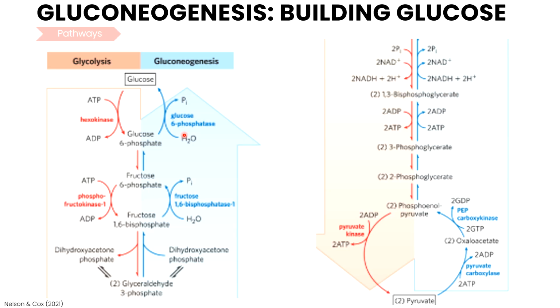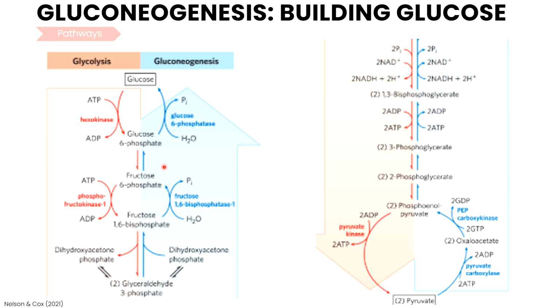Instead, gluconeogenesis uses fructose 1,6-bisphosphatase to convert fructose 1,6-bisphosphate to fructose 6-phosphate. So we see this here, and it's moving up here. Remember, we're focusing on the blue side, okay?